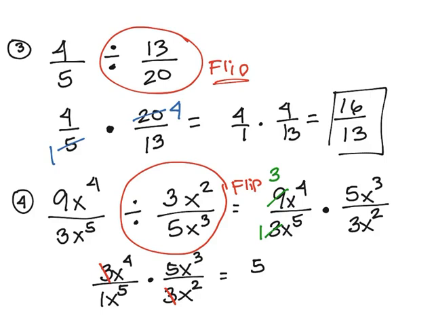So that would give me 5. But since I'm in multiplication and I got x's on both tops, what do we do? Add them together. Very good. So that gives me x to the 7th. And on the bottom, that would give us x to the 7th. Okay? And what happens?